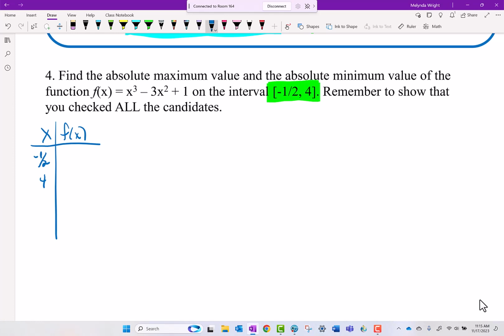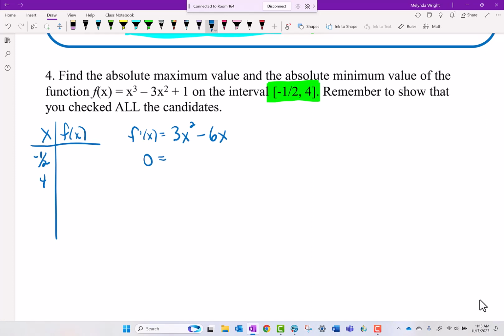And remember how we find the critical numbers? We take the derivative and set it equal to 0. So f prime of x: the derivative of x cubed is 3x squared, the derivative of -3x squared is -6x, and the derivative of 1 is 0. Okay, so we set that equal to 0.